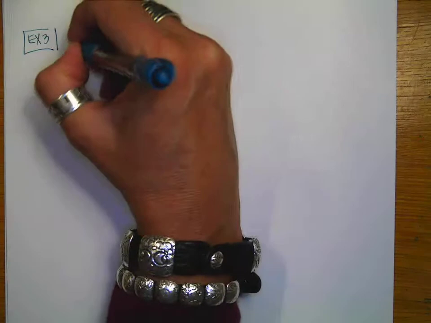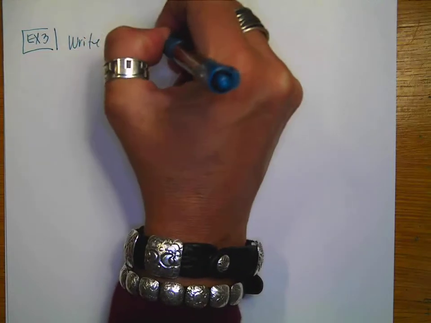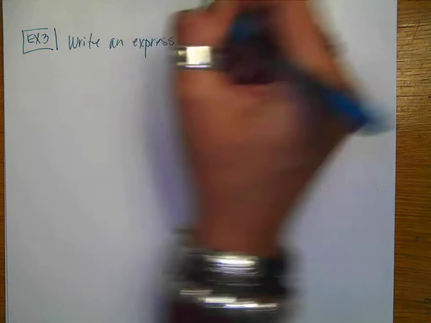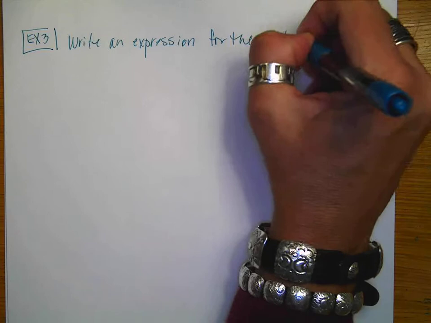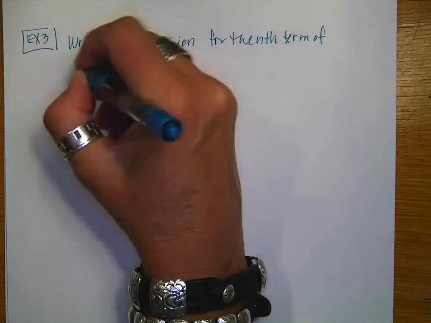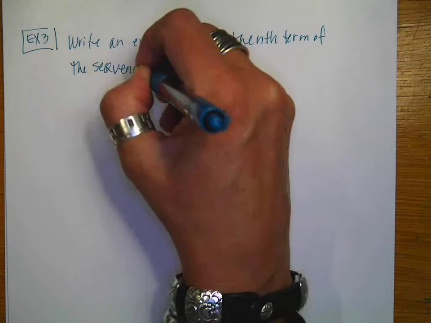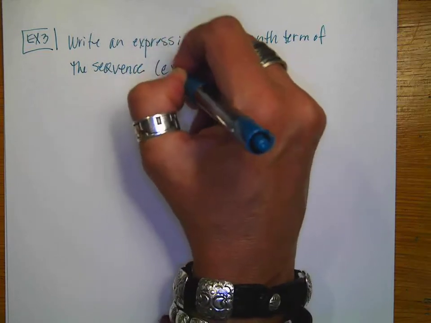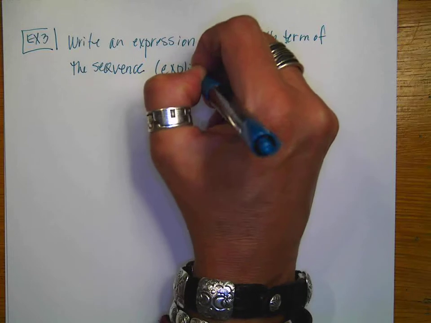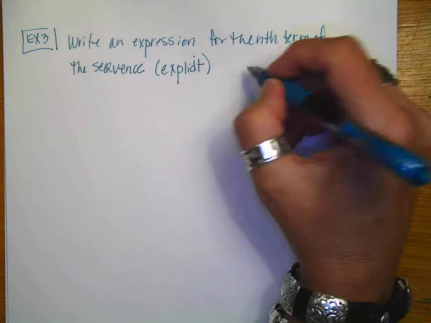So for example number 3, I'm going to write an expression for the nth term of the sequence. If you're not told how to write the rule, I would typically use explicit because it's often a little bit easier.